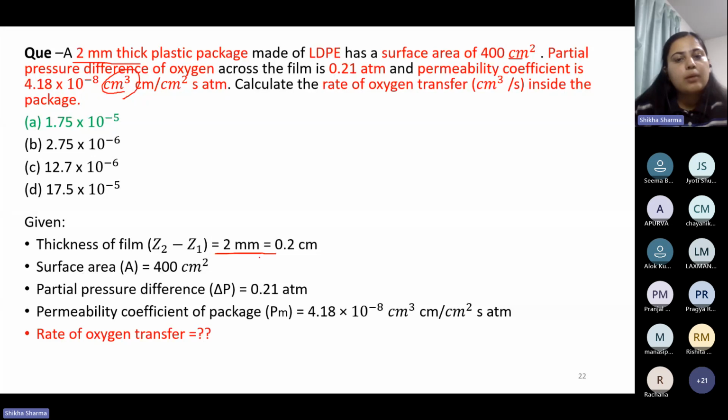So 2 mm is equal to 0.2 centimeter. Surface area is given as 400 centimeter square. Partial pressure difference is given as 0.21 atm. Permeability coefficient of the package is given as 4.18 into 10 to the power minus 8. And we need to calculate the rate of oxygen transfer.